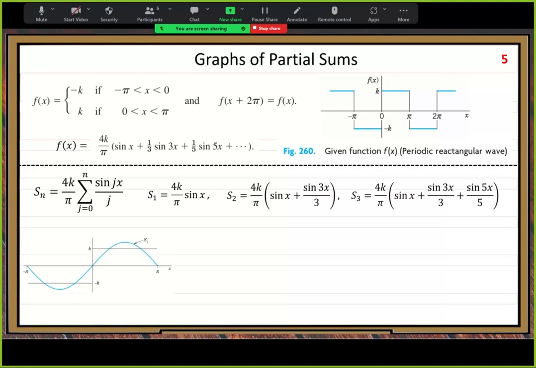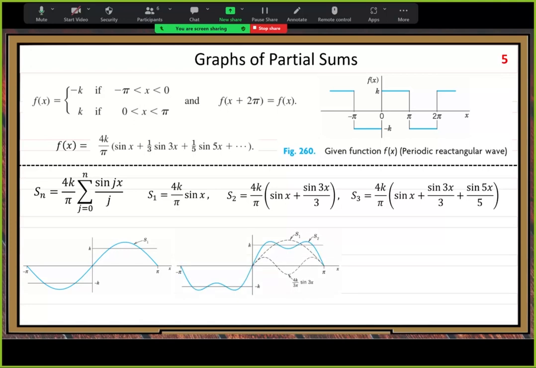So let's draw a graph. The first partial sum is a typical sine function. Look at how good the approximation is. Not very good, but you can see the shape a little bit, the down part and the upper part. But the approximation is not very good.